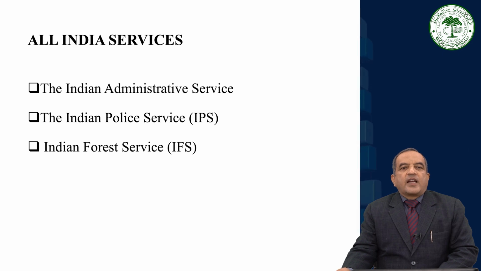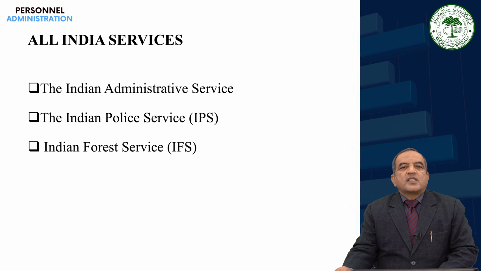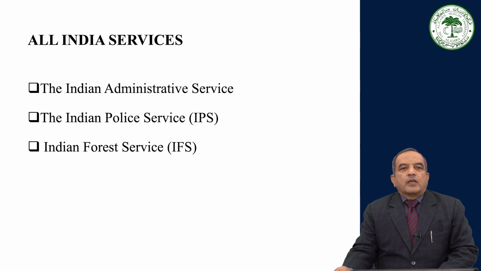This ensures that the union government can hire officers who know first hand how things work in the states, and it also gives the state government access to officers who know about the policies and programs of the union government. This kind of deal works well for both sides.